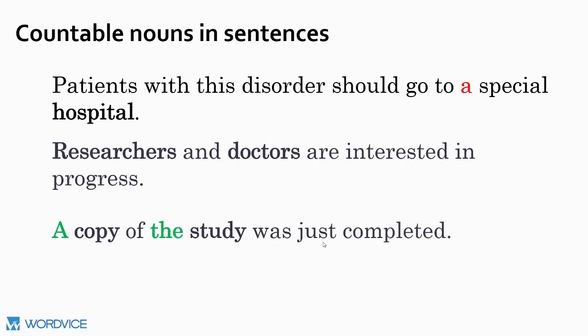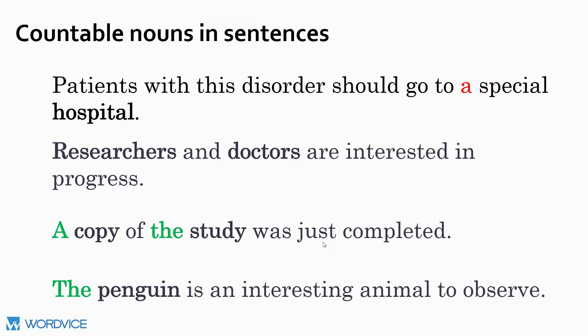Here we use an indefinite article with copy because it does not matter which copy specifically we're referencing. And we use the definite article the with study because there is only one study in question. The penguin is an interesting animal to observe. Remember, we use the definite article the with countable nouns when we want to reference all items in a group.